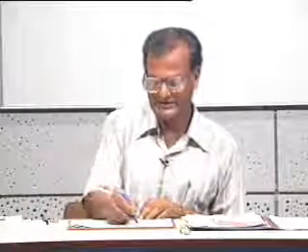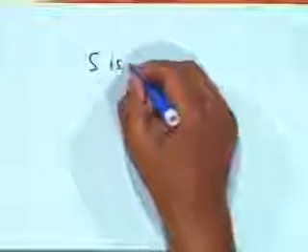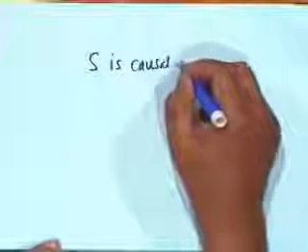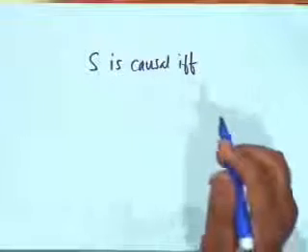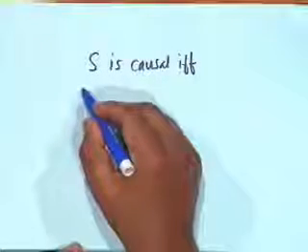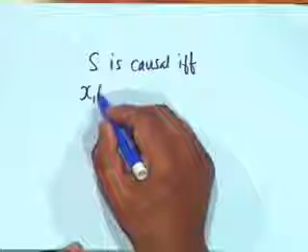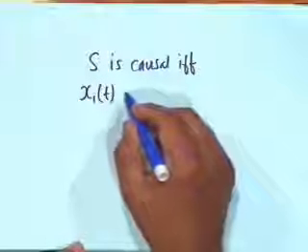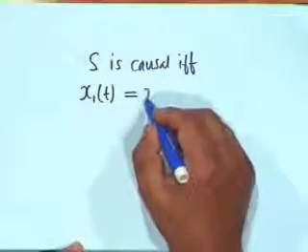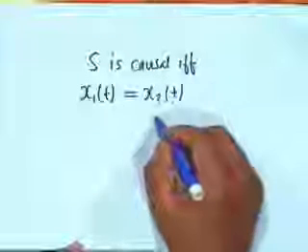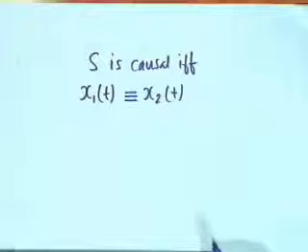A system S is causal if and only if, noted by two f's, if and only if x1(t) equal to x2(t), we'll put identical.